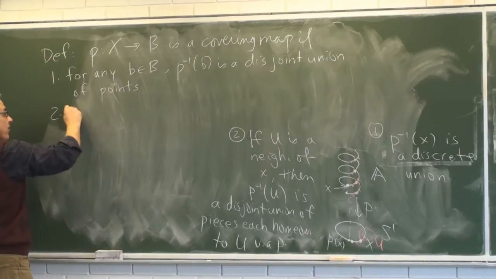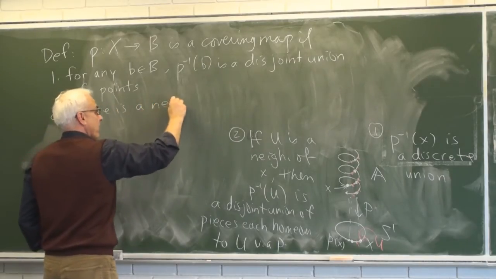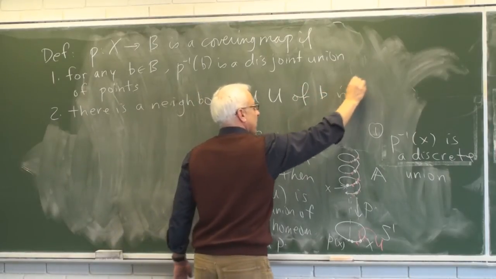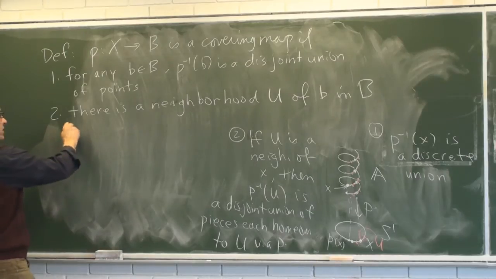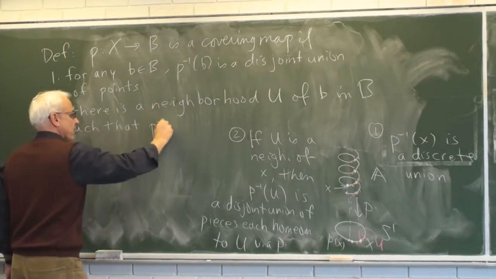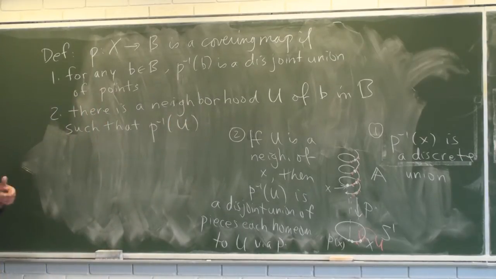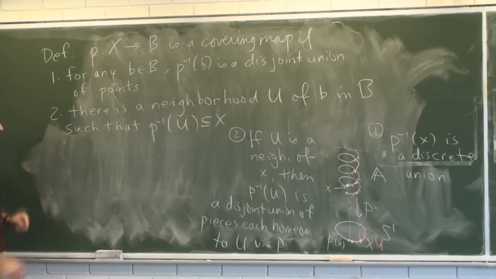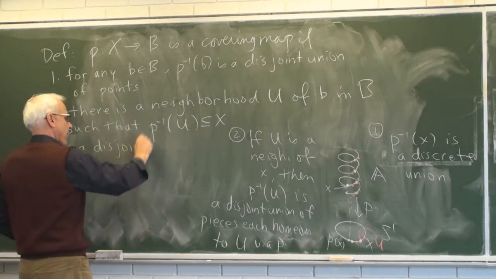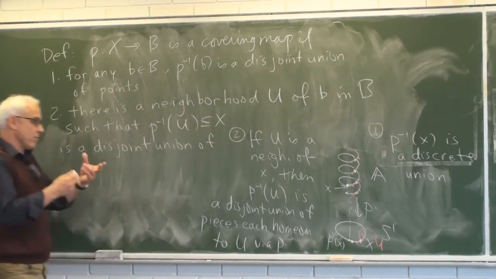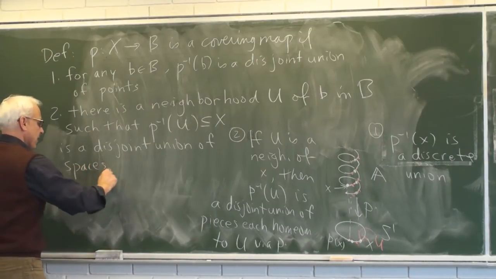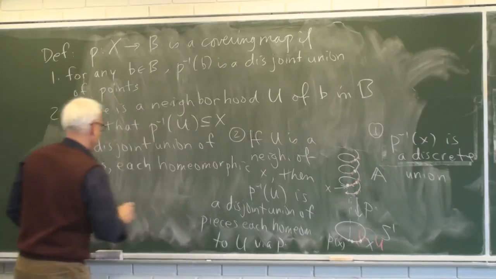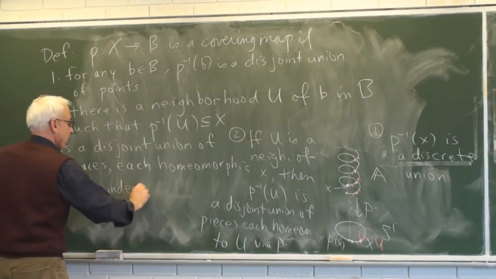And secondly, there is a neighborhood U of b in B such that if we look at the inverse image of that neighborhood, P inverse of U, which is sitting in the big space, this is a disjoint union of small spaces, each homeomorphic to U under P.